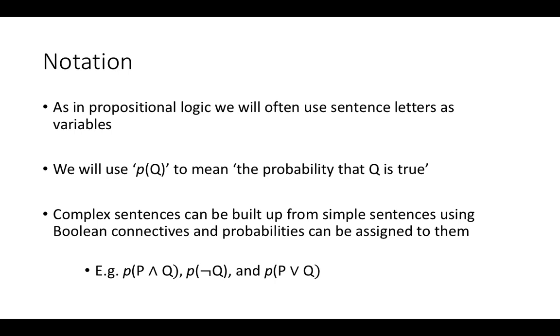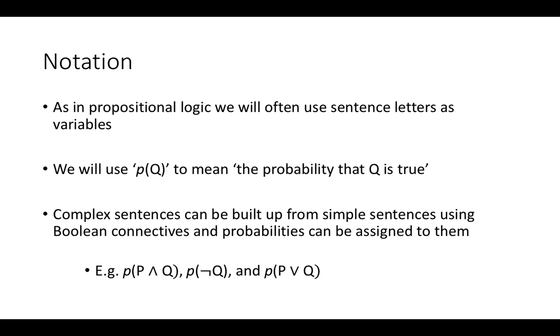So, for example, P of P and Q means the probability that the sentence P and Q is true. P of not Q means the probability that the sentence not Q is true. And P of P or Q means the probability that the sentence P or Q is true. The rules for the probability calculus basically tell us how to work out the probabilities of these and other compound sentences. So we'll start looking at those rules in the next video.